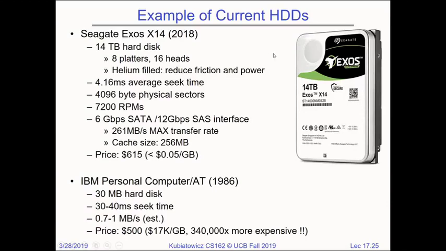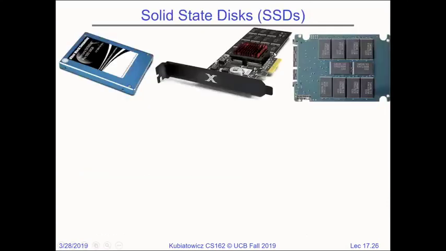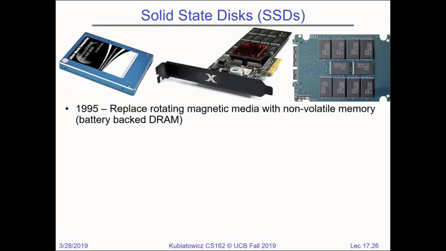Okay, now SSDs. How many people have a laptop with a solid-state drive on it? A lot of you probably, yeah. So these have been around. In 1995, these weren't really SSDs.